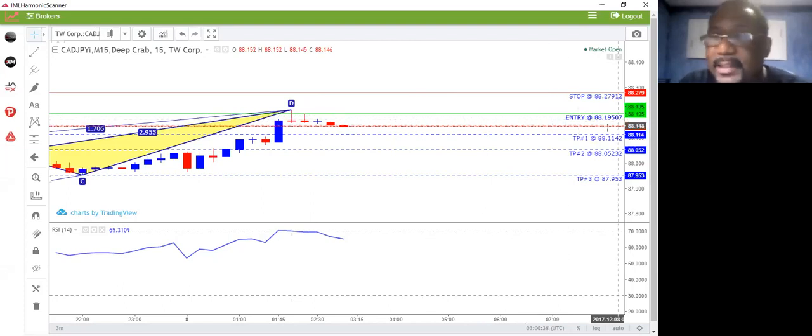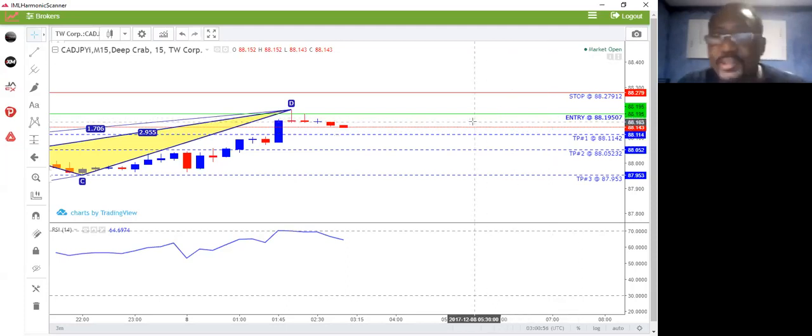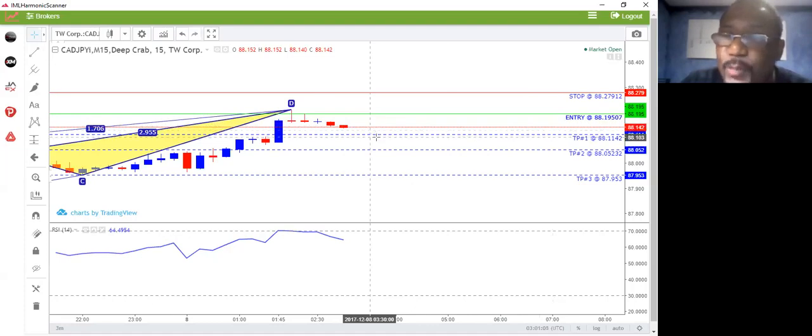The TP1, TP2, and TP3 are what we call take profit. These are the positions that you will put into your MetaTrader 4 that will take you out of the trade in a profit position. In essence, we're waiting for ourselves to enter into this trade at this green line, and then for it to go down and touch one of these lines that is identified.